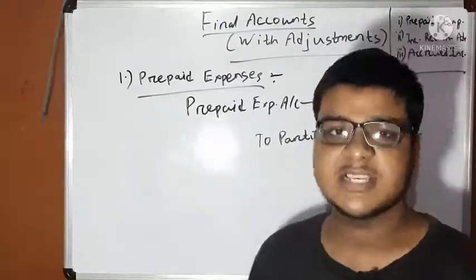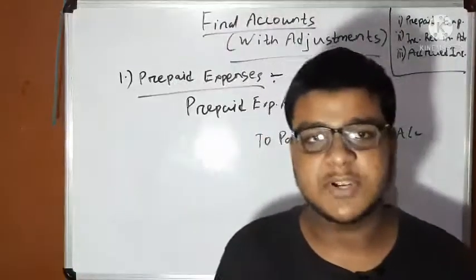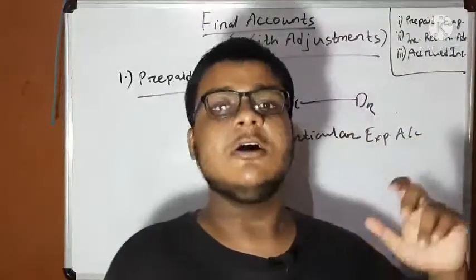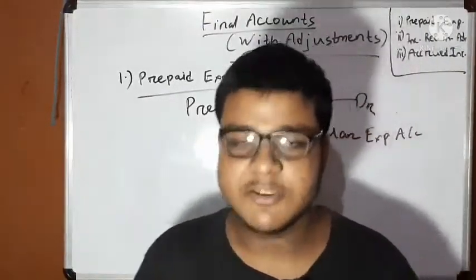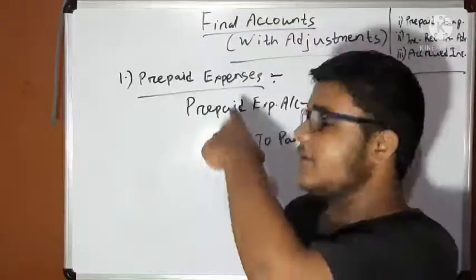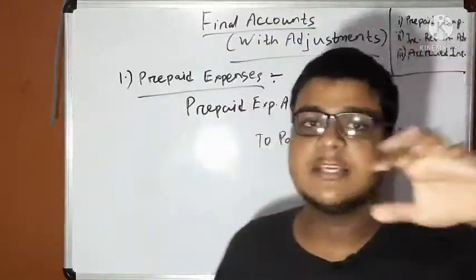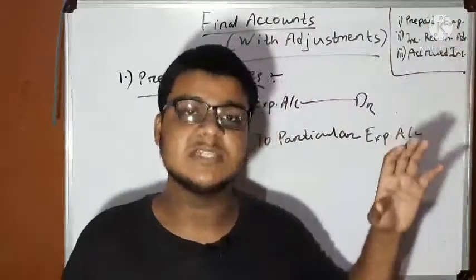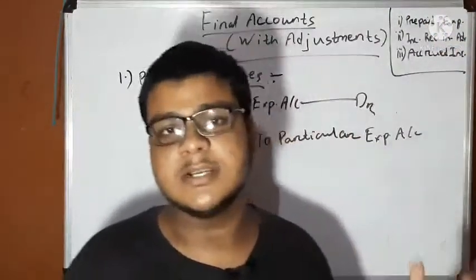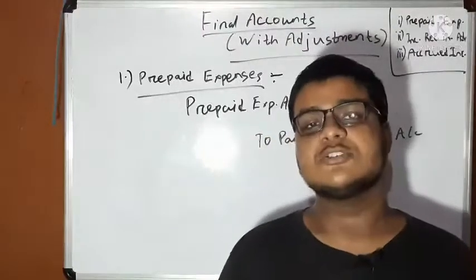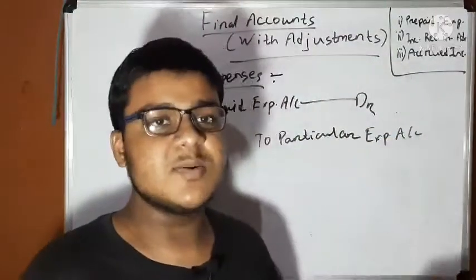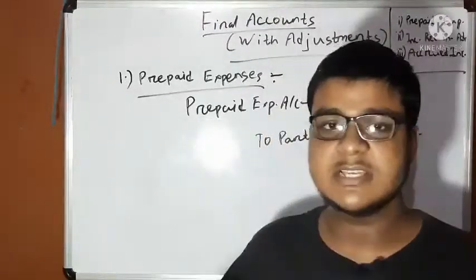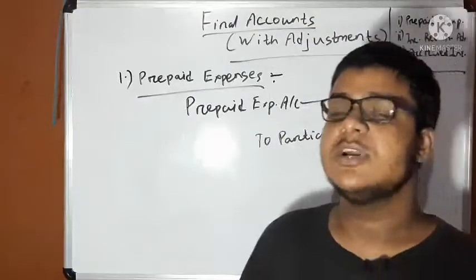For this prepaid expenses, first we have to identify whether the particular expense is a direct expense or an indirect expense. If it is a direct expense, the prepaid expenses is to be deducted from that direct expense. If the particular expense is indirect in nature, it is to be deducted from the indirect expense.